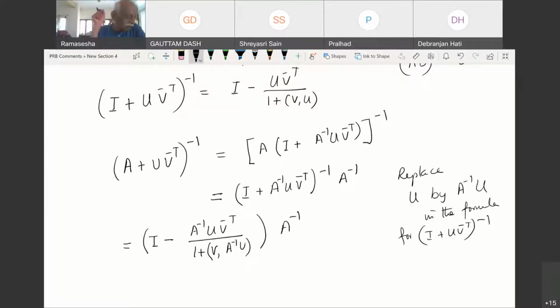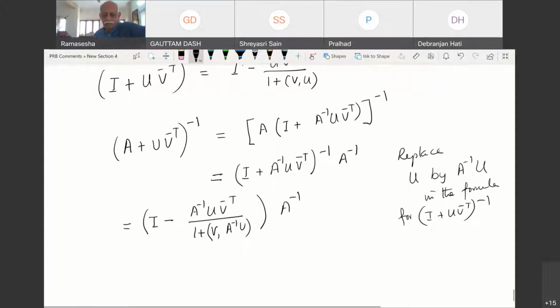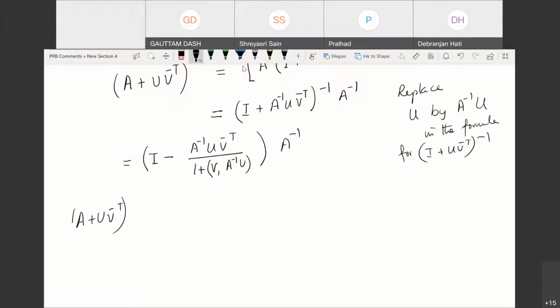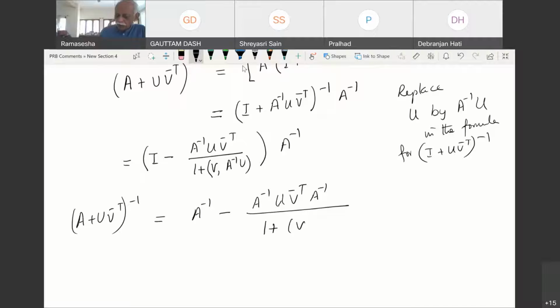Yes, sir. Is this correct? No problems, no? So now you just multiply it again. So you have A plus U V bar transpose inverse is equal to A inverse minus A inverse UV bar transpose A inverse divided by 1 plus V comma A inverse U. So this is what we set out to prove.